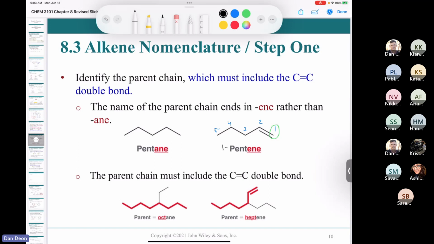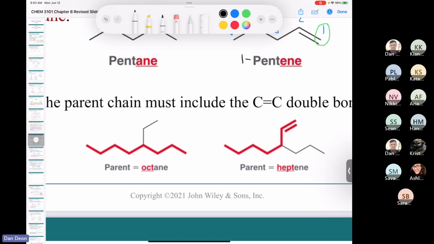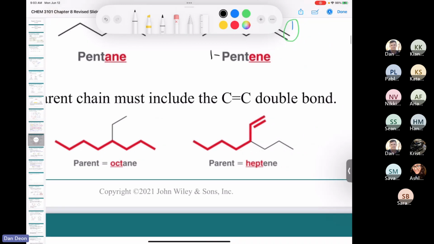All right. If you look at the compound on the bottom left, you see the longest chain is octane. Okay. But now if you put a double bond up here, the longest chain that contains the double bond is heptene. And so we would number that again, giving the double bond the lowest possible number. Okay, so the actual name of this compound would be 3-propyl-1-heptene.